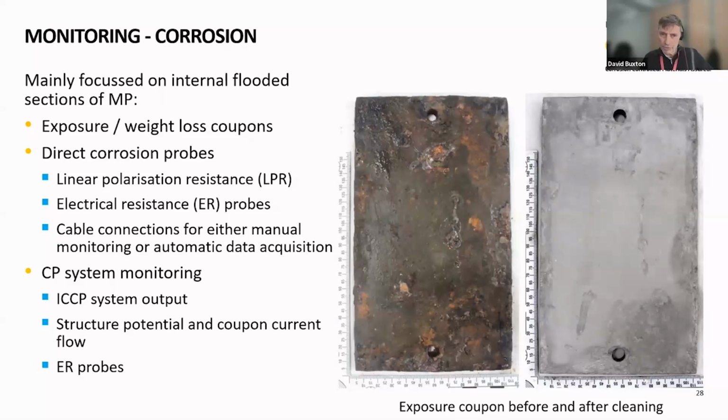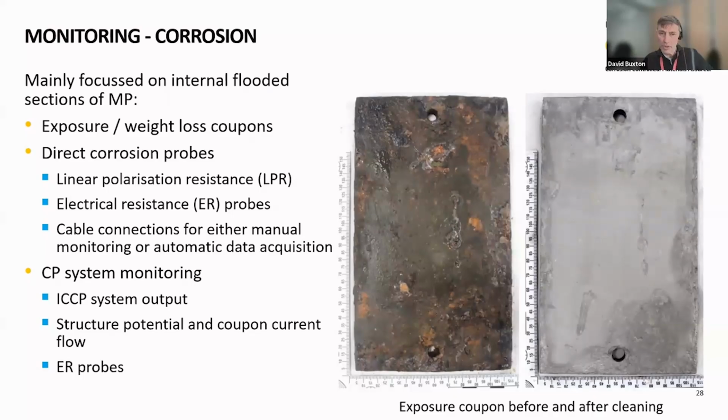There are also electrical resistance probes, whereby the resistance of an element changes as it corrodes, and they can give you specific corrosion rates for the environment. But of course, these two methods do need cable connections, and then there's manual monitoring or equipment for automatic data acquisition.